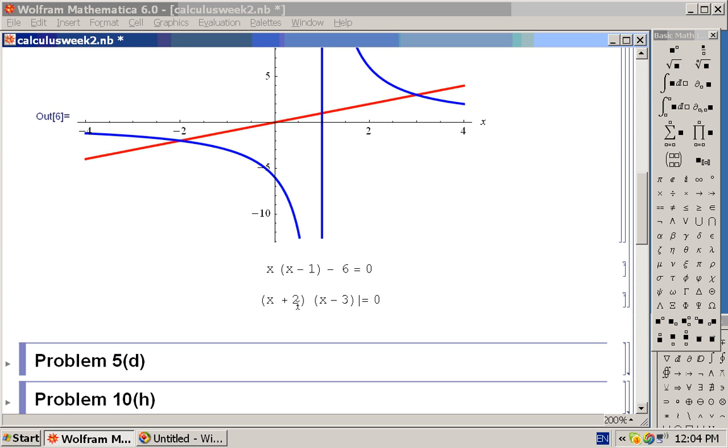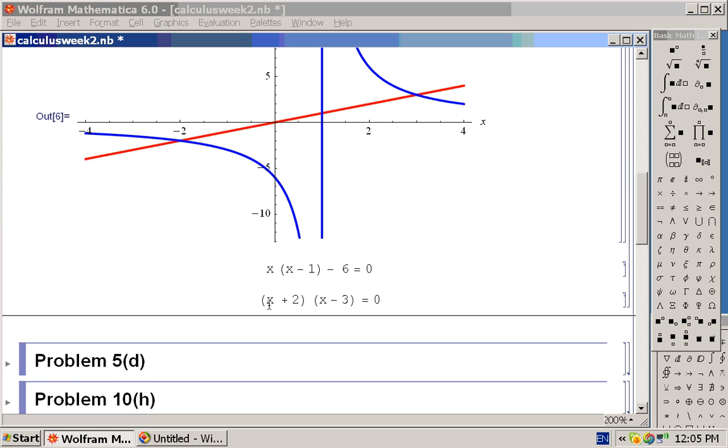Well, we can see that if we multiply this out, we'll get 2 by -3, the constant, -6, and the coefficient of x will be 2 minus 3 is -1. So that's the quadratic equation, and so we can see that the endpoints of these intervals are in fact -2 and 3. So let's write down the solution to the problem.